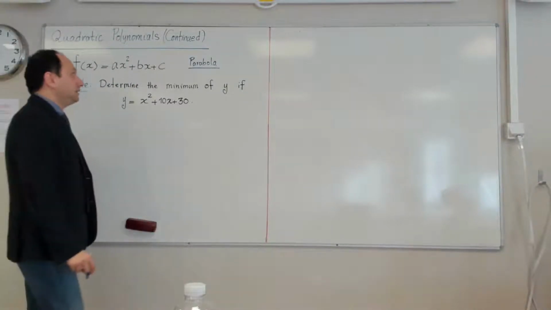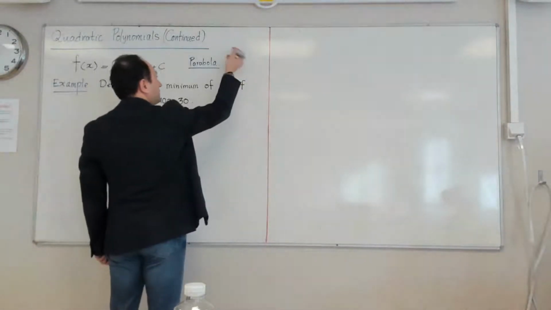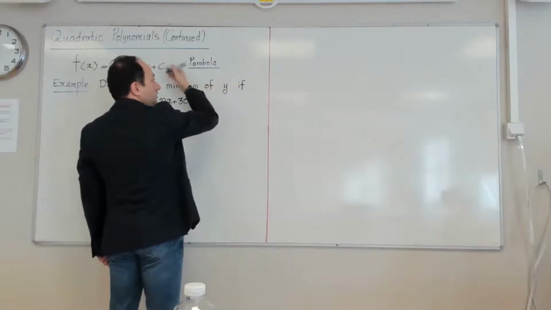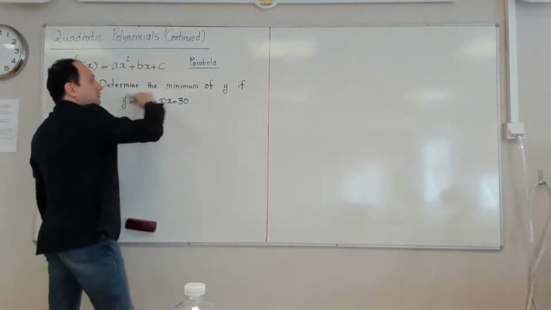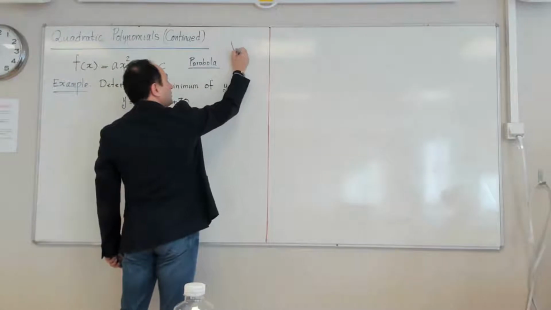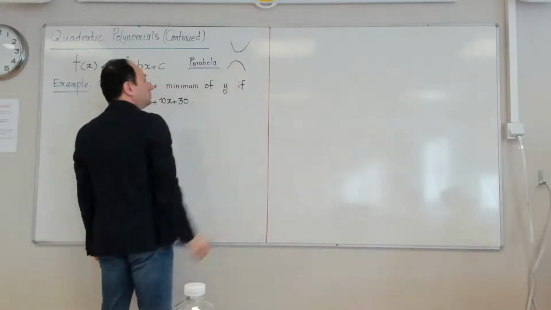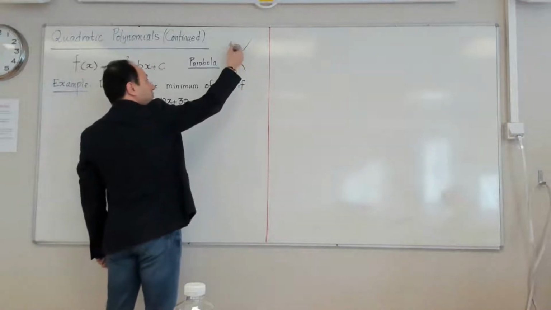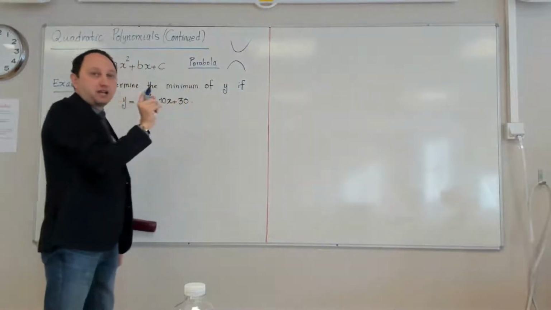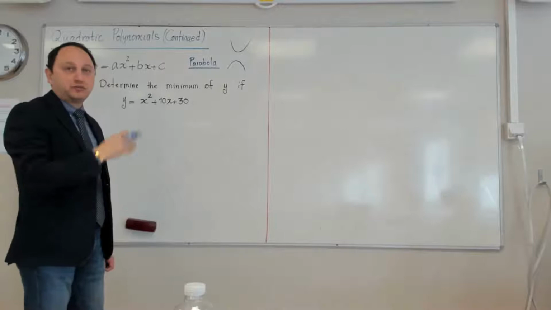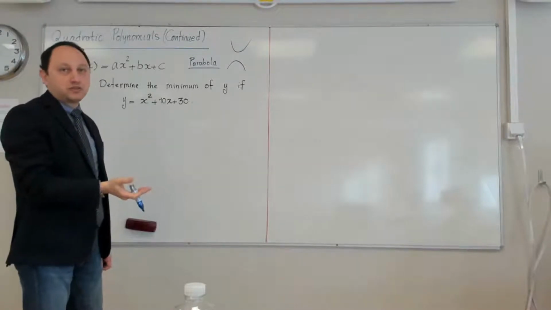Mainly we have two categories of parabolas for a quadratic function: either they open up or they open down. I haven't motivated this exactly. I just gave you a simple example for x squared and negative x squared.